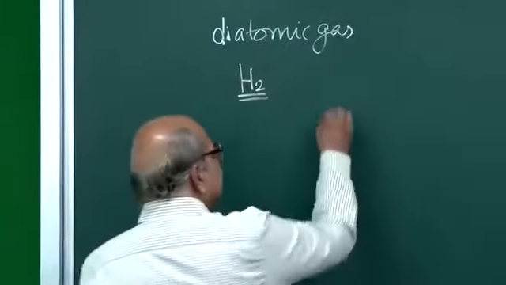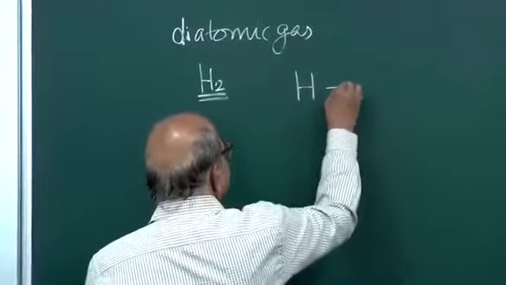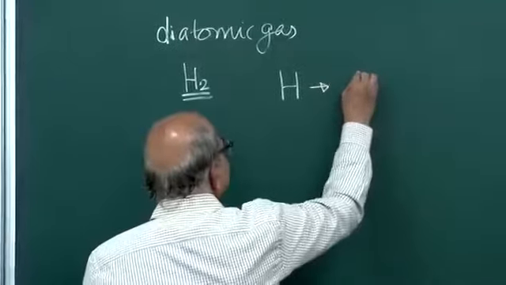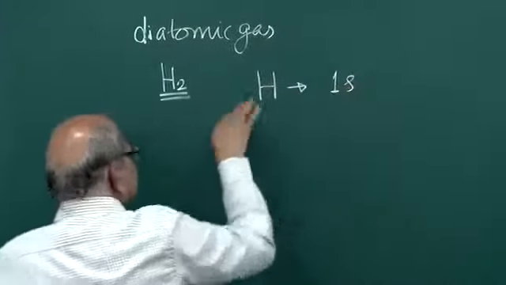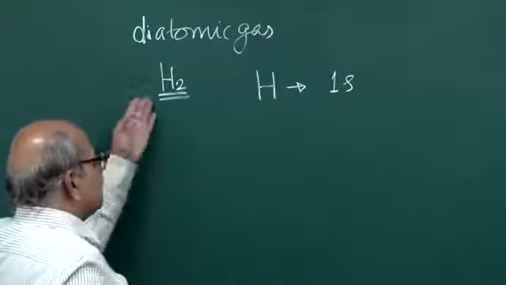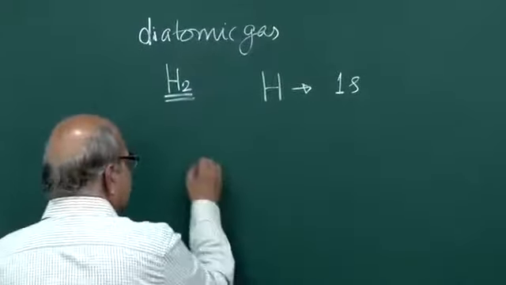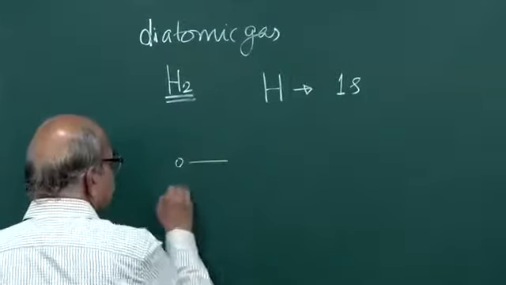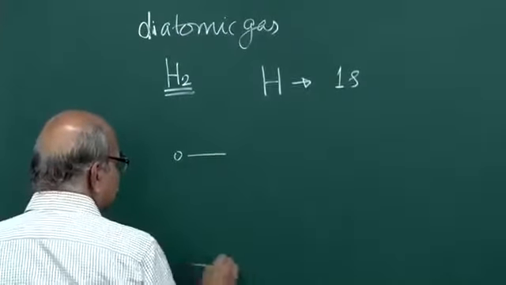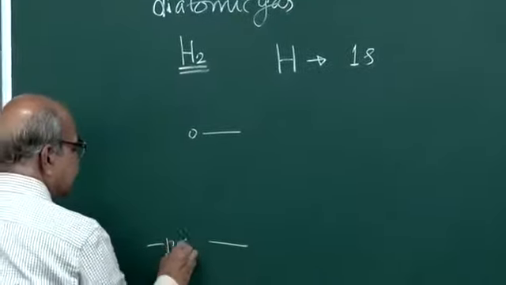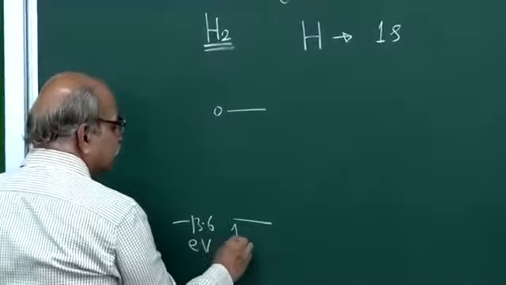So for hydrogen, you have all those energy levels. If it is in the ground state, in both these atoms hydrogen is in 1s. So if this is energy 0, this is minus 13.6 eV, and this is 1s.